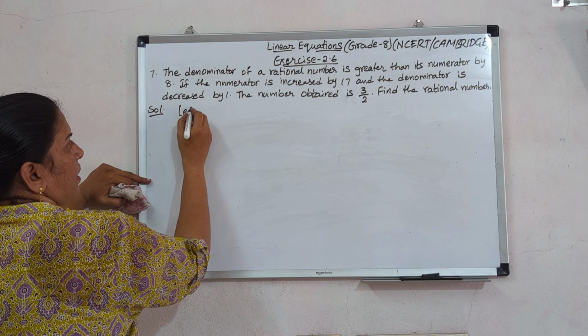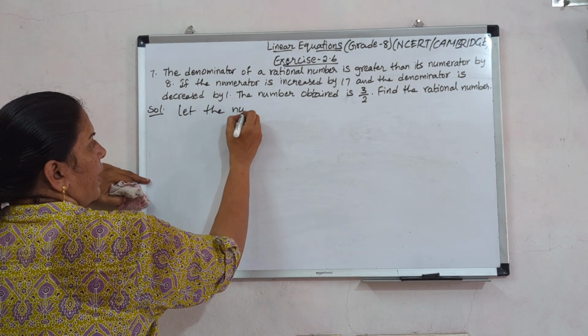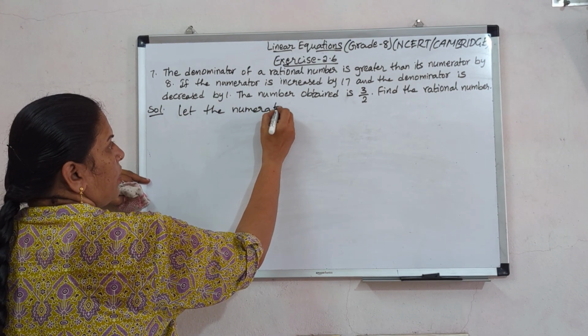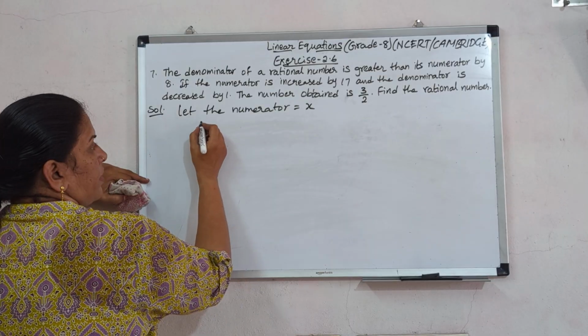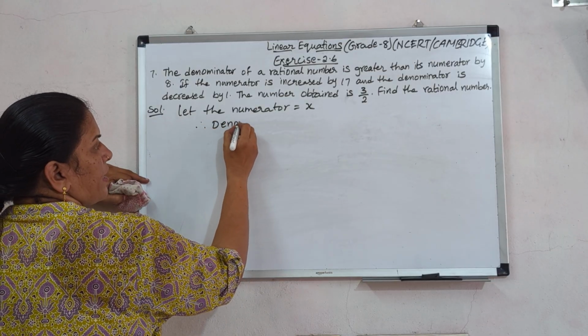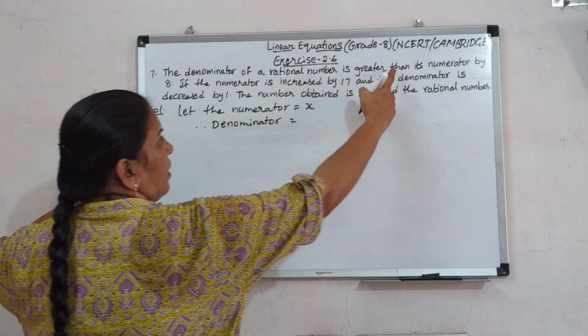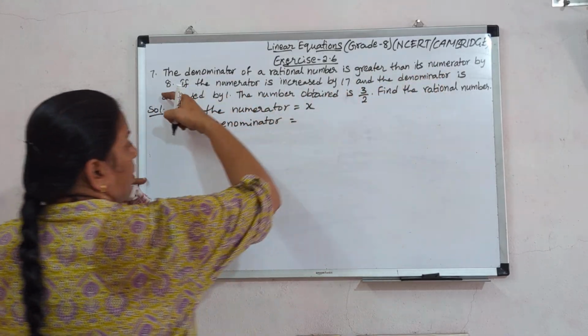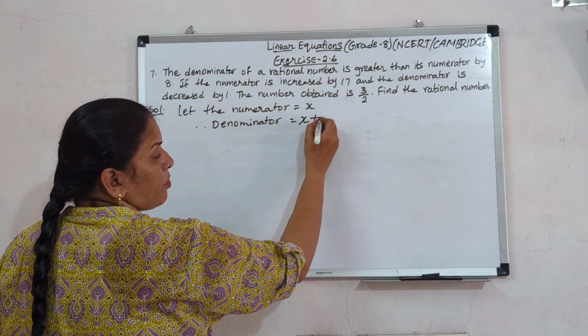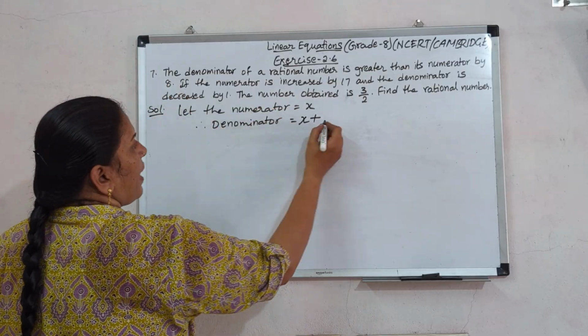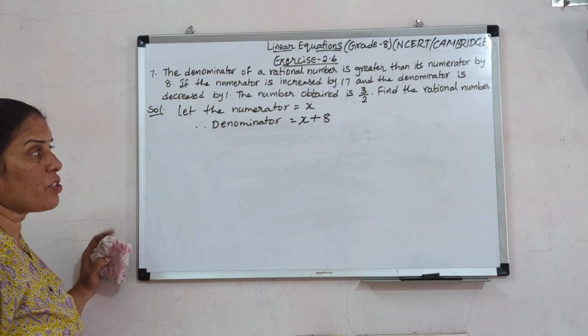First step is: let the numerator be equal to x. Therefore, the denominator is equal to how much, ma? According to the question, what is the denominator? Greater than its numerator by 8. That means greater means we must add. How much must you add? 8. Understood?